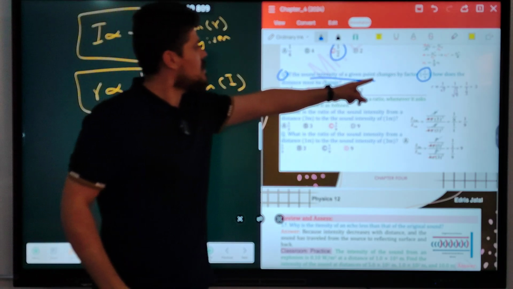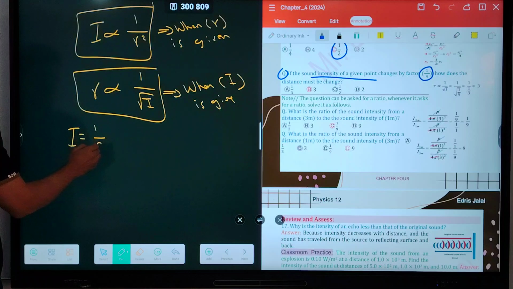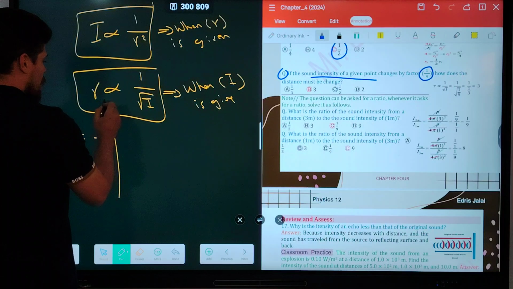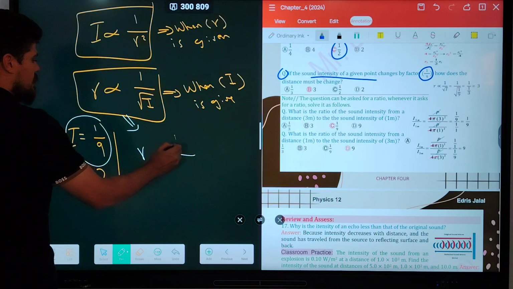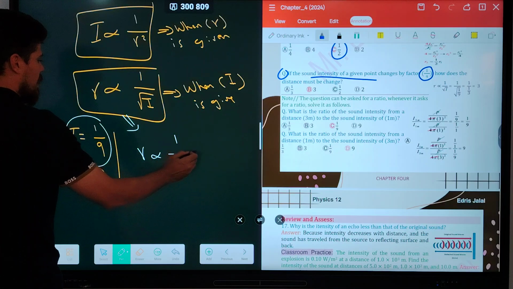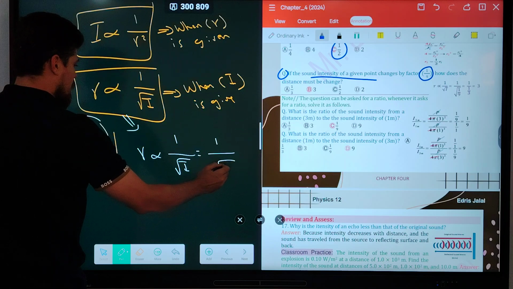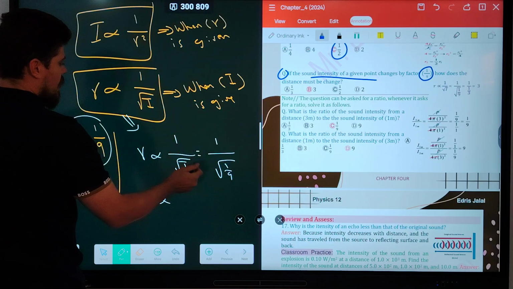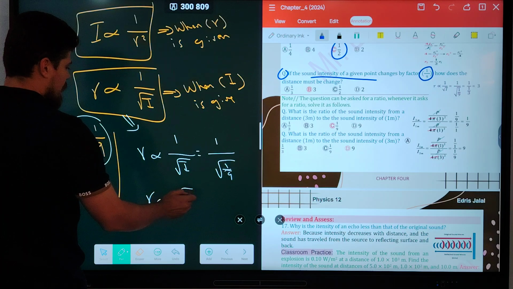If the sound intensity changes by factor 1 over 9, what is this? This is I. I was given as 1 over 9. By which factor must the distance from the source be changed? Because the distance is inversely proportional to radical I, radical 1 over 9 gets flipped, giving 1 over radical 9.